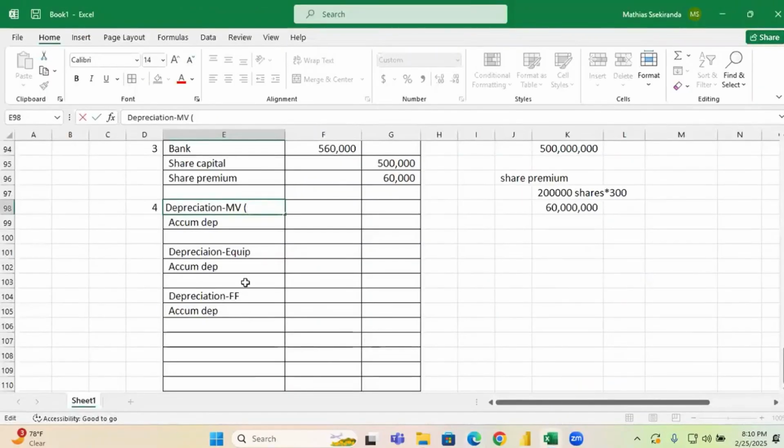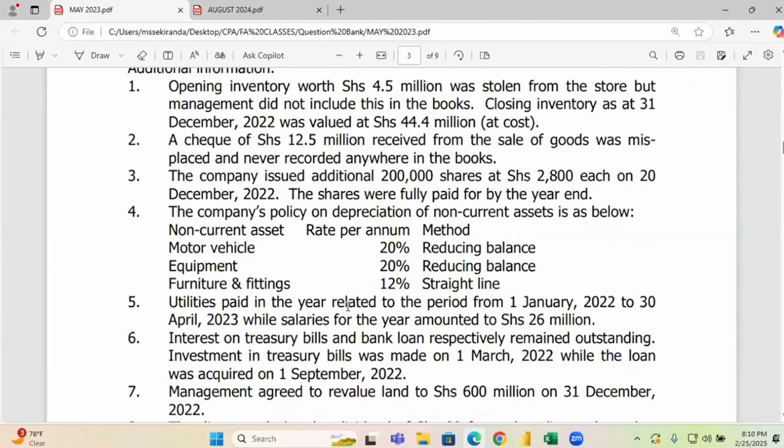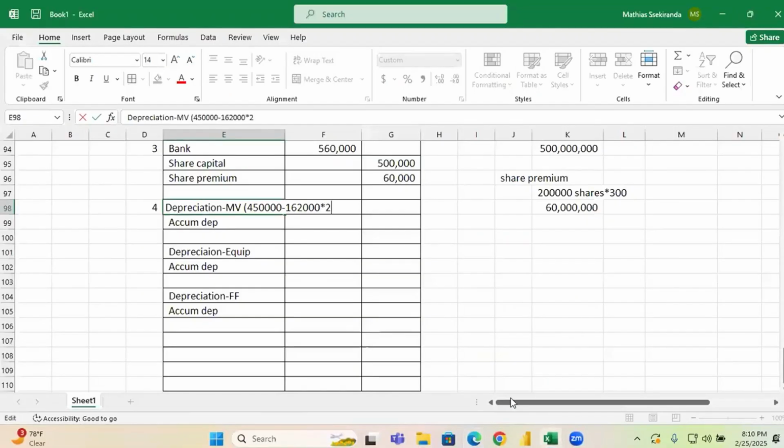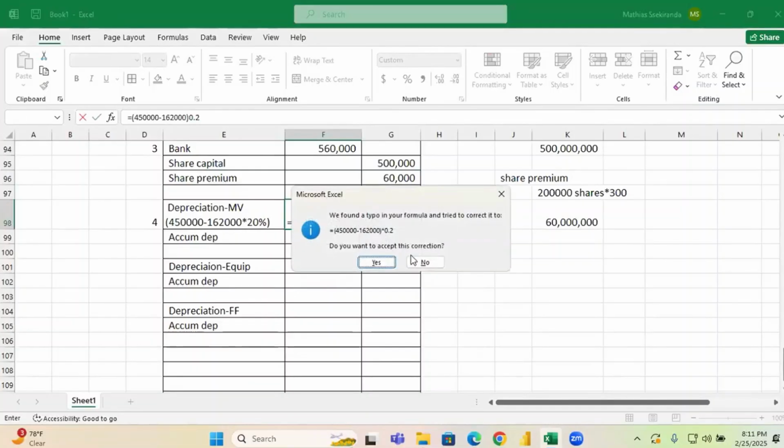So we shall say 450 minus 162 times the percentage the examiner said that we have to depreciate, times 20%. So we shall get 450 minus 162 times 20%.